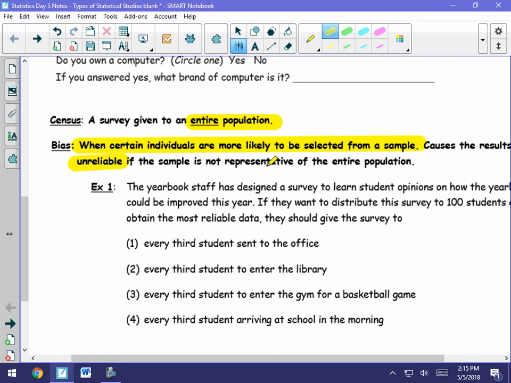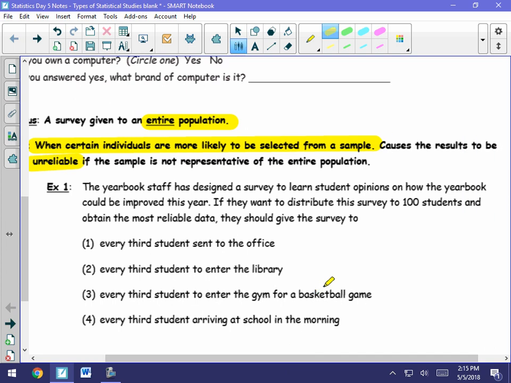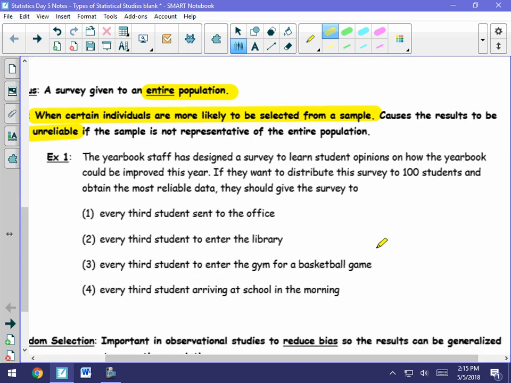So we have an example of a type of question that you might be asked on the Regents that has to deal with this. It says the yearbook staff has designed a survey to learn student opinions on how the yearbook could be improved this year.